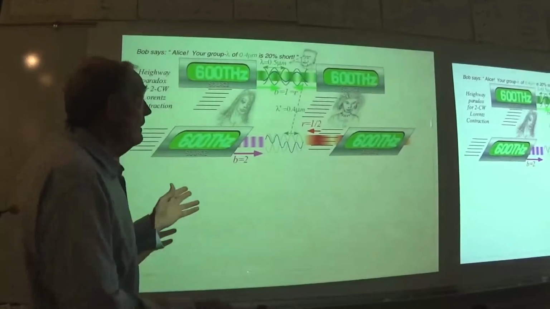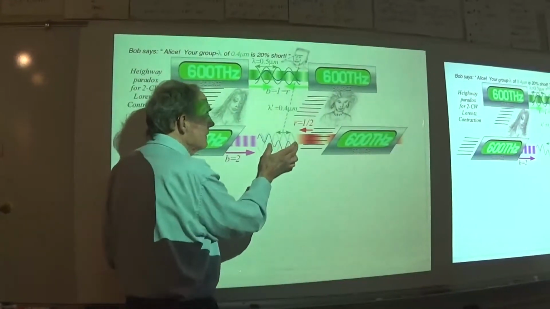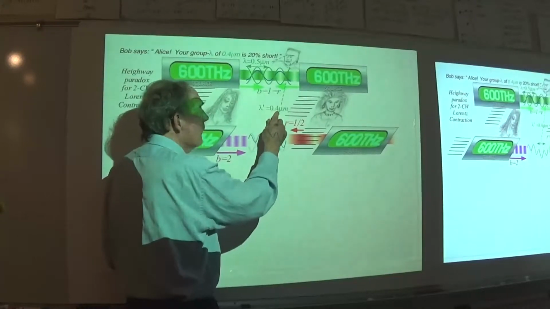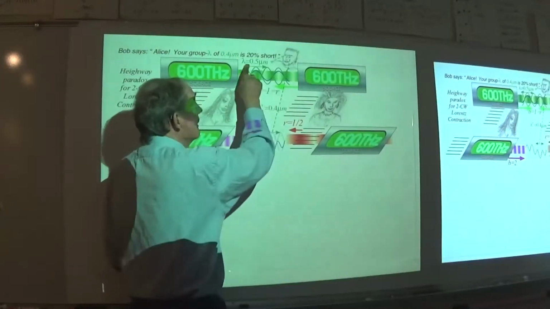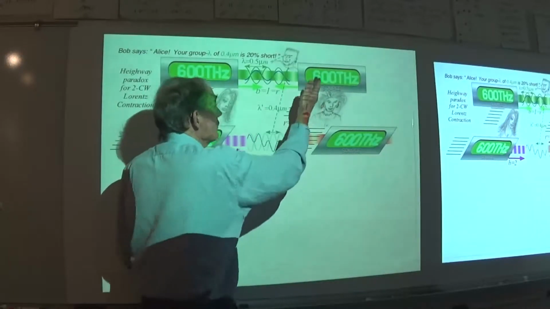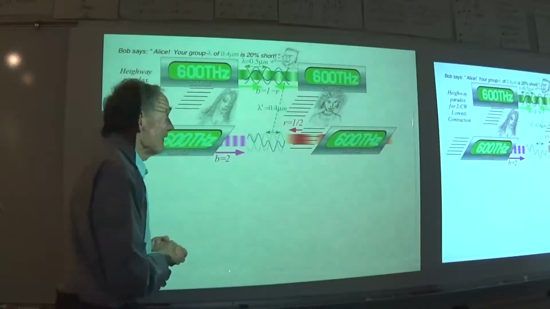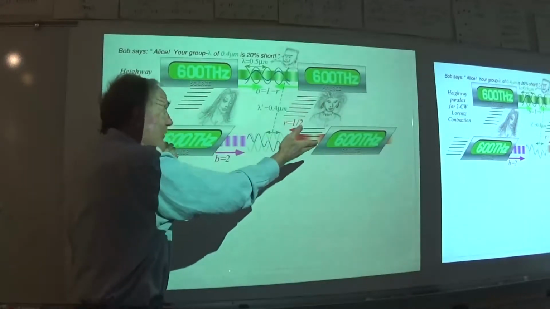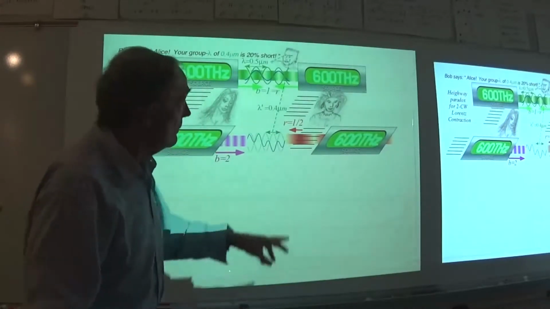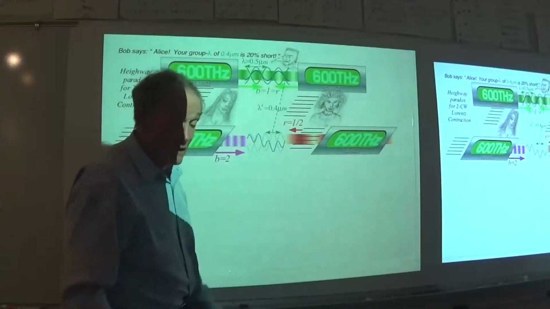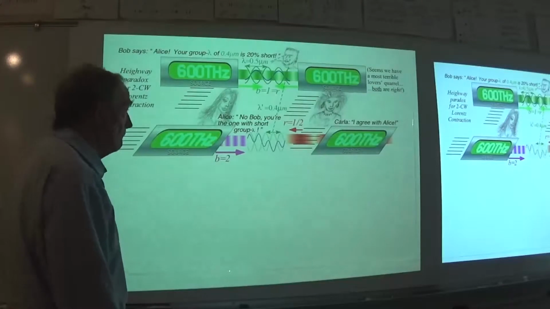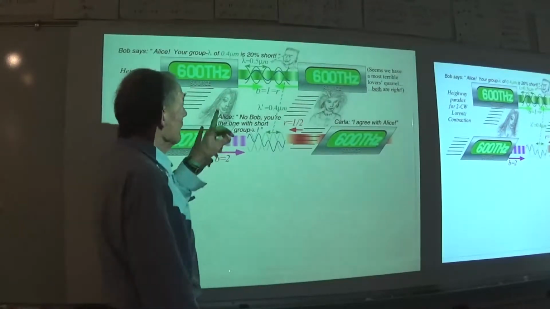Okay, so what he's saying is this crazy thing that you have, Alice and Carla, is 0.4 microns, not 0.5, which is the half micron that we expect for 600 terahertz. Okay? They've got 600 terahertz, it's just that we're looking at it as it whizzes by, and we and Bob see 20% reduction. And Alice says, no, Bob, you're the one with the short.